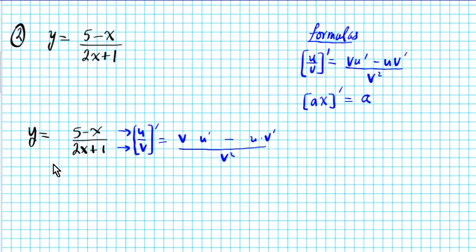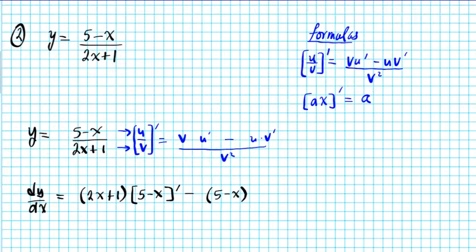If we're looking for y prime or dy/dx, the dy/dx is going to be v, the denominator, 2x plus 1, times u prime, (5 minus x) prime, minus u, 5 minus x, times v prime, the denominator prime, this entire expression right here divided by the denominator squared.